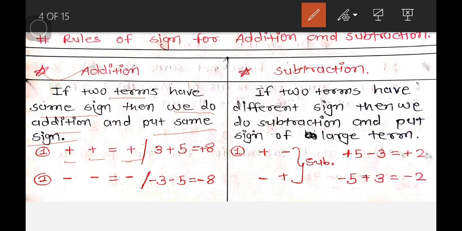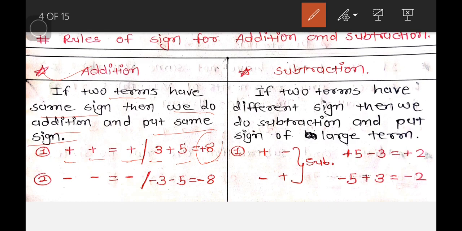For example, plus 3 plus 5. Here 3 and 5 have the same sign, it is positive sign. Then we do addition. Then 5 plus 3 is equal to 8. And here you can see that both terms have the same sign plus, then we put here plus 8.